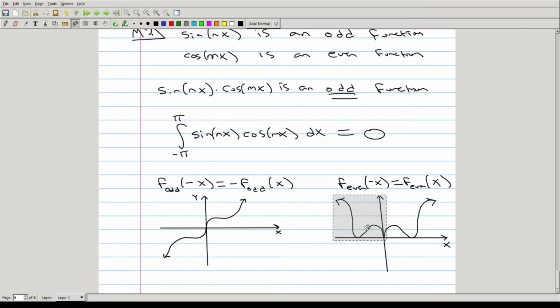But it still has the exact same shape as the original function itself, just flipped.